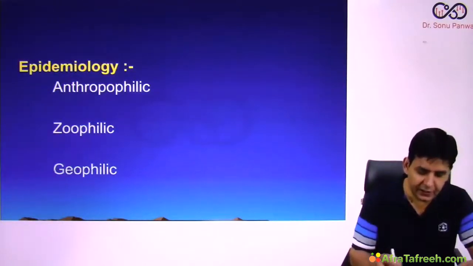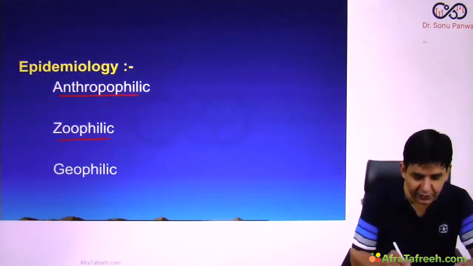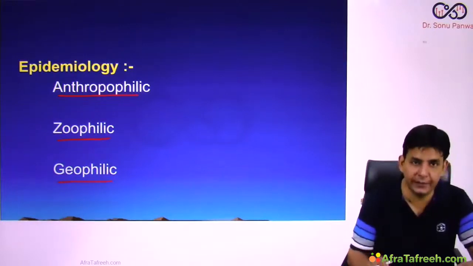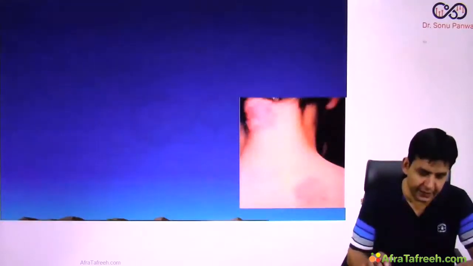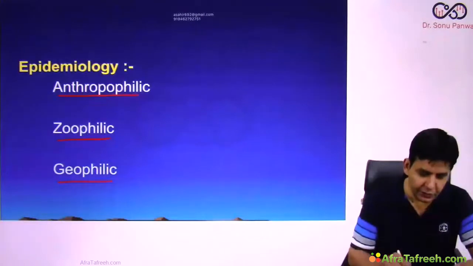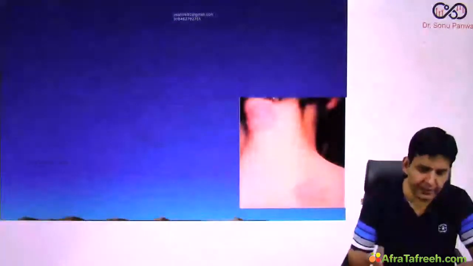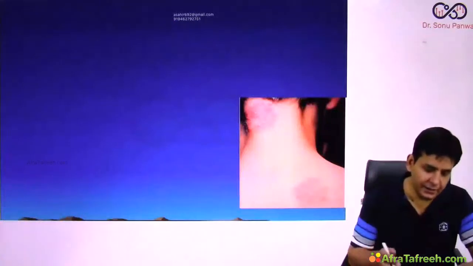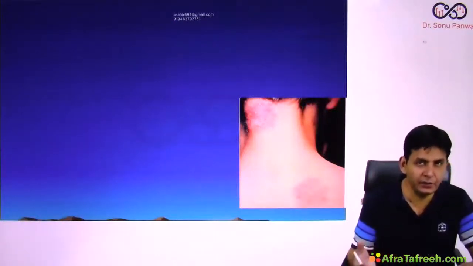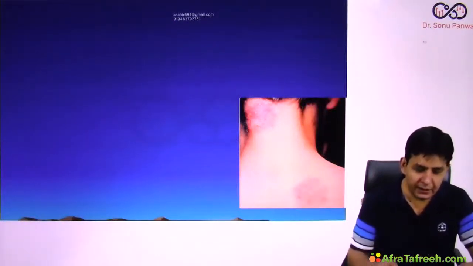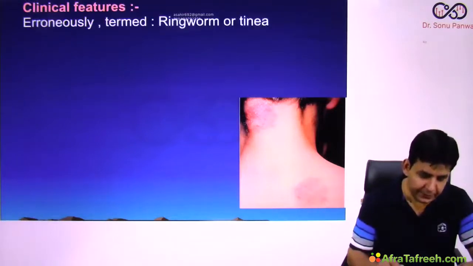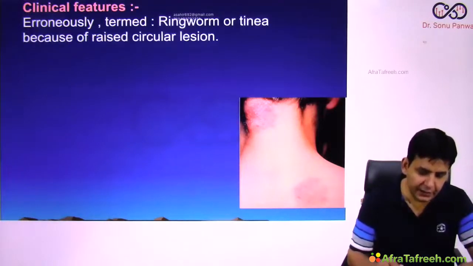So these are the various ones: anthropophilic, zoophilic, and geophilic. Their names themselves suggest: zoophilic from the animal, geophilic from the soil, and anthropophilic from other sources. Now the clinical features. These are termed ringworms, various infections.